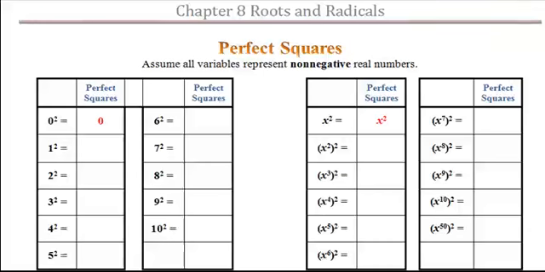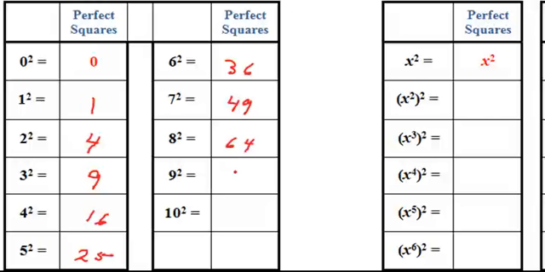So 0 is a perfect square. 1 squared is 1. 2 squared is 4. 3 squared is 9. 4 squared, we get 16. 5 squared is 25. 6 squared is 36. 7 squared, we get 49. 8 squared is 64. 9 squared is 81.